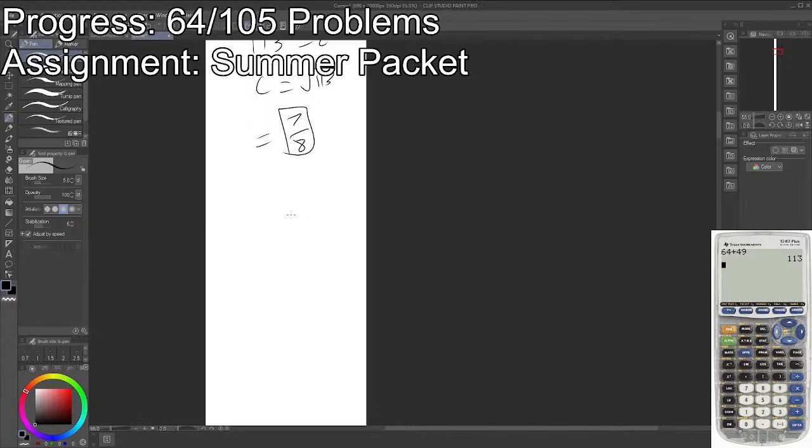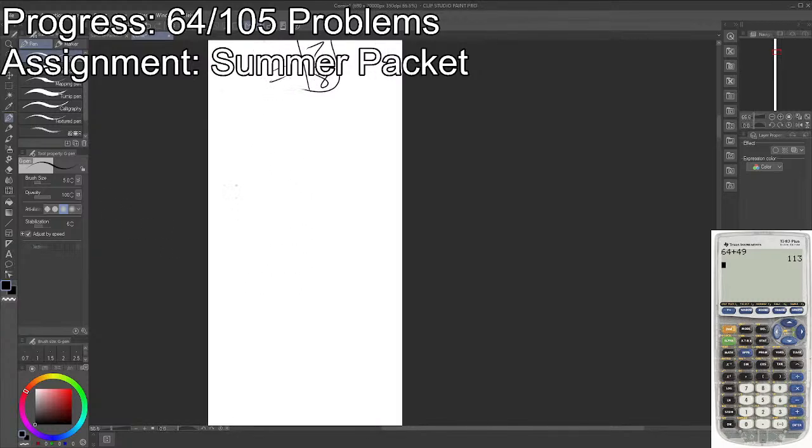Alright, circles and ellipses. Ellipses, whatever. I'm not writing all this down. It's just showing circle formula and ellipse formula. a is the distance from the center to the ellipse along the x-axis and b is the distance from the center to the ellipse along the y-axis.